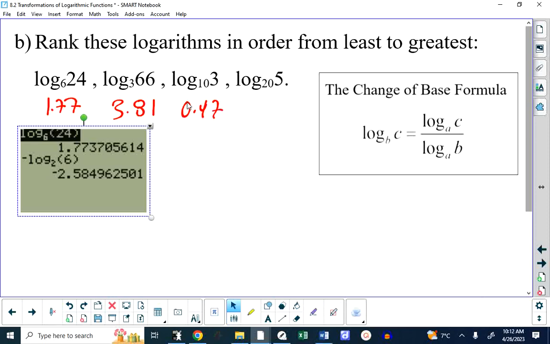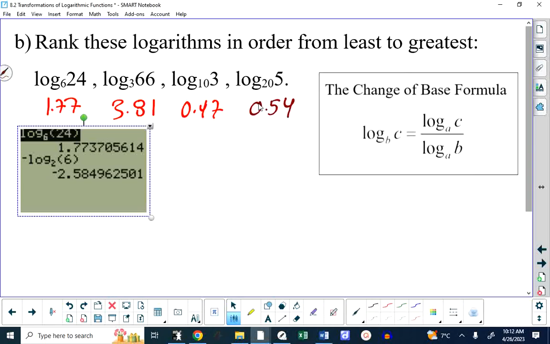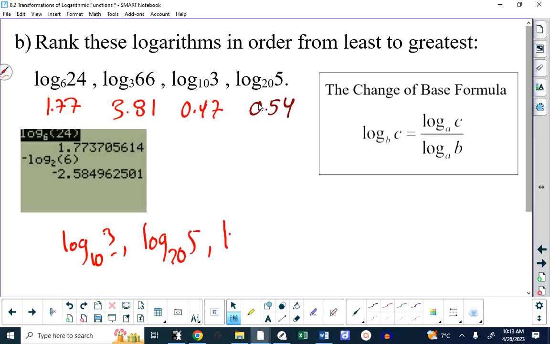And log base 20 of 5 is about 0.54. And so ranking them from smallest to greatest would be log base 10 of 3, followed by log base 20 of 5, followed by log base 6 of 24, and then log base 3 of 66.